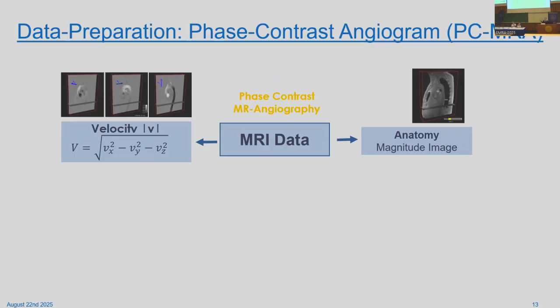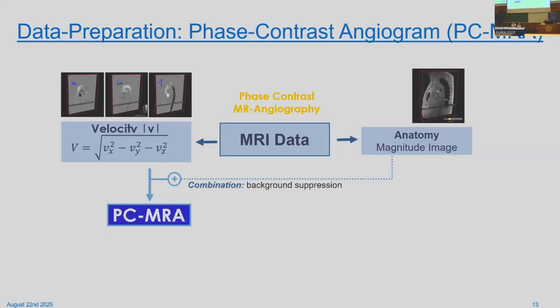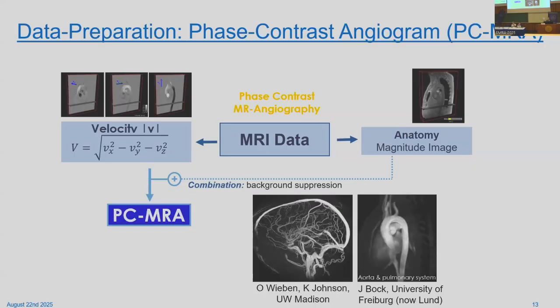There are several approaches, and I don't want to explain all of them. It's usually just a combination of the velocity numbers with a magnitude number, and then you somehow combine that, suppress the background, and then you get your angiograms, as the one from Oliver, the brain, as well as an aorta example here.